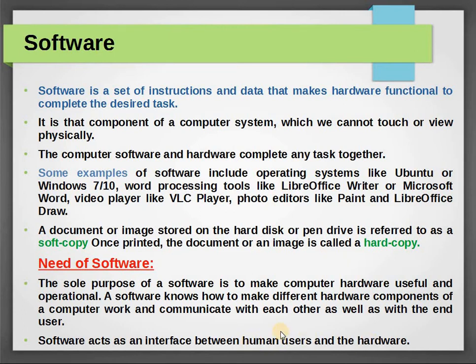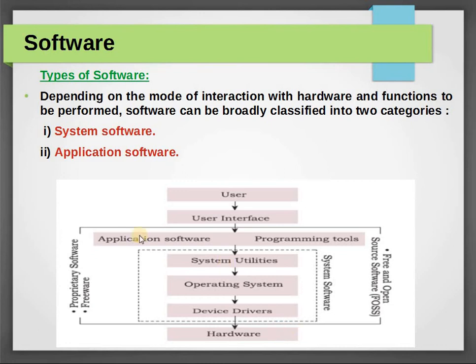Here you can understand with a block diagram that the hardware is lying at the lowest layer. With this hardware the system software interacts. Now the system software is of three types. Basically, device driver software is a type of system software.